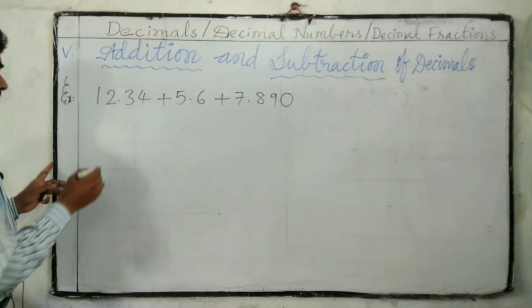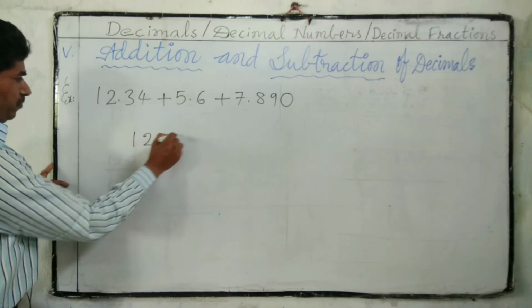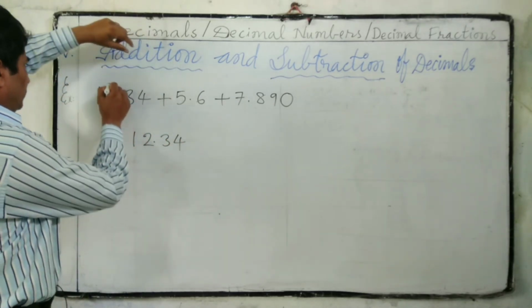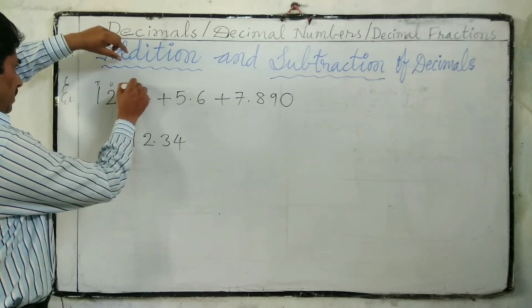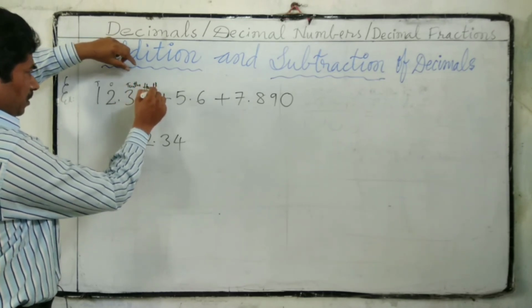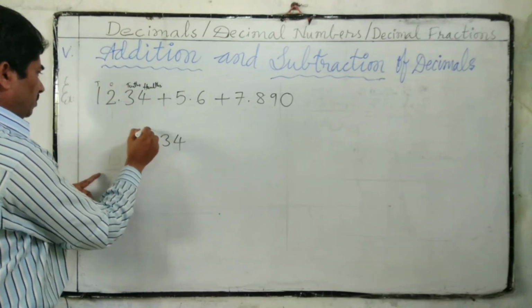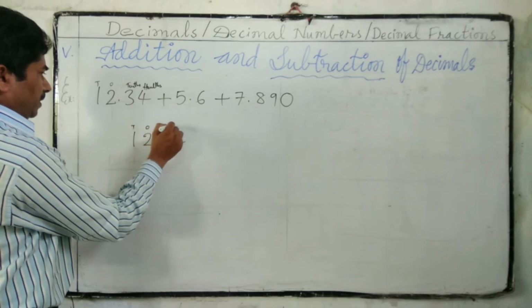Now we can add this. 12.34, 5.6. This is ones, tens, tenths, hundredths. So here also we have to observe ones, tens, tenths, hundredths.